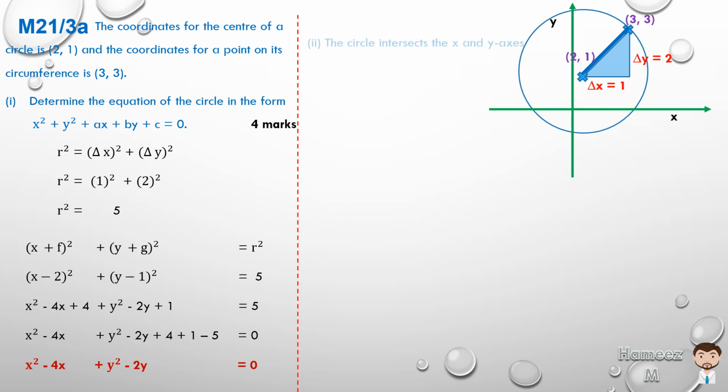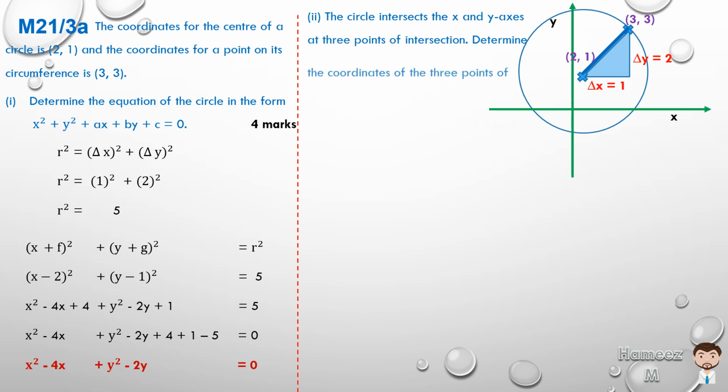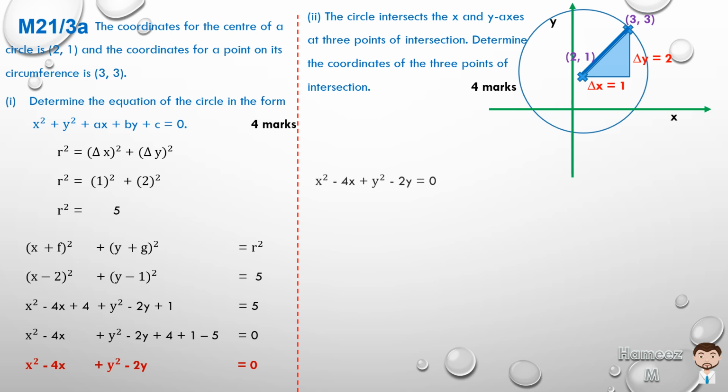Part 2. The circle intersects the x and y axes at 3 points of intersection. Determine the coordinates of the 3 points of intersection. So let's consider where it's cutting the y-axis. And for that to happen, the x values must be 0. So if we substitute 0 into that general formula, it's going to give us 0 squared minus 4 by 0 plus y squared minus 2y is equal to 0.